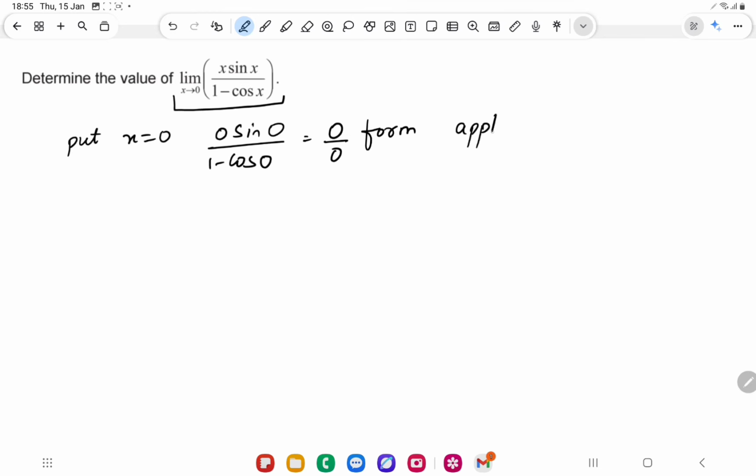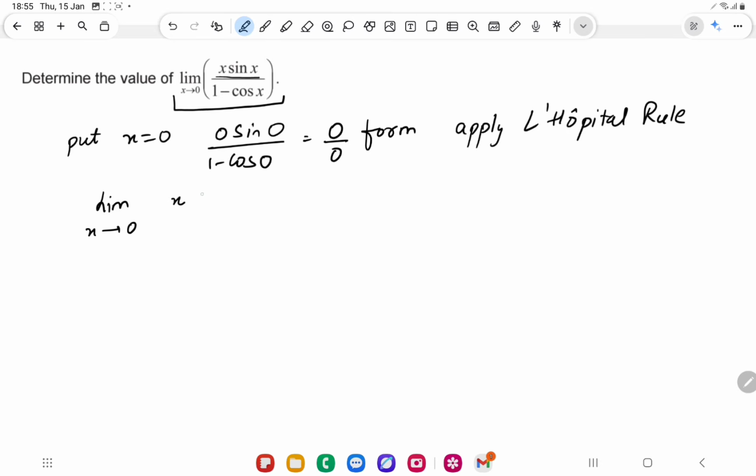So now we can apply L'Hopital's rule. L'Hopital says we have to differentiate numerator and denominator separately, but since we have x sine x in the numerator, we have to apply product rule.